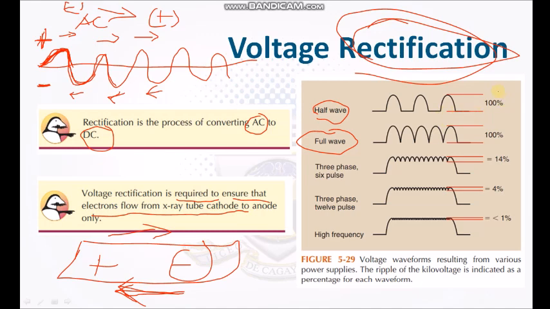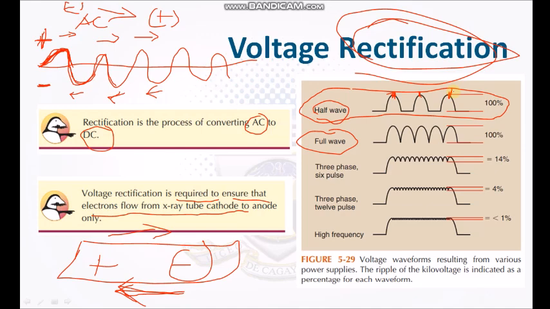But then the problem with half-wave rectification, if we would use this in an actual X-ray tube, is that these peaks of the sine wave are the portions in which X-rays are being produced.